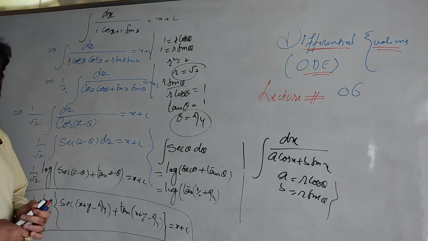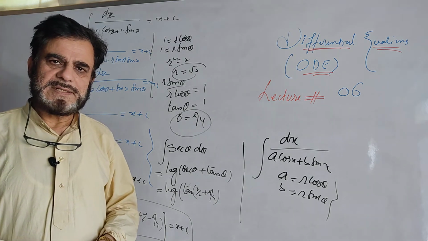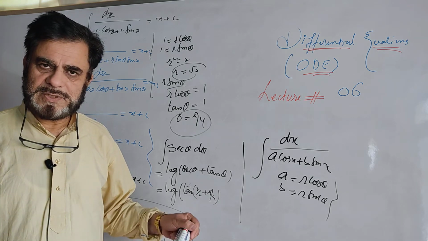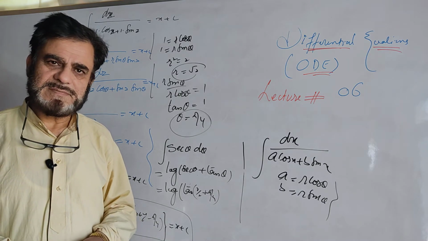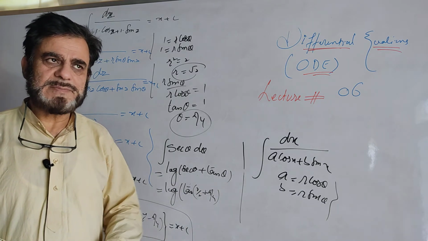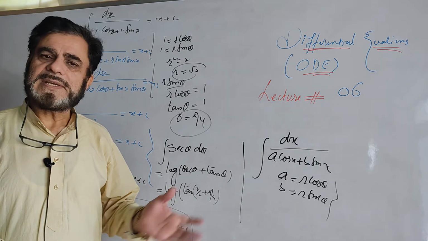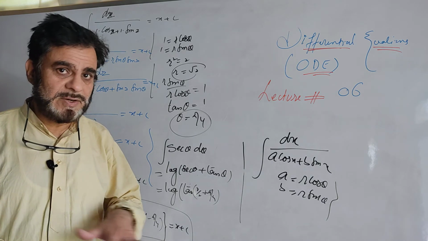This is how we tackle the problems where, in certain cases, we cannot write the functions of x with dx and functions of y with dy. By a suitable substitution we can reduce the differential equation in such a way that we can separate the variables, but it is not a necessary and sufficient condition. You cannot do it always.